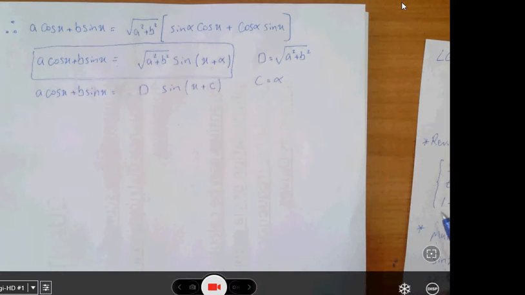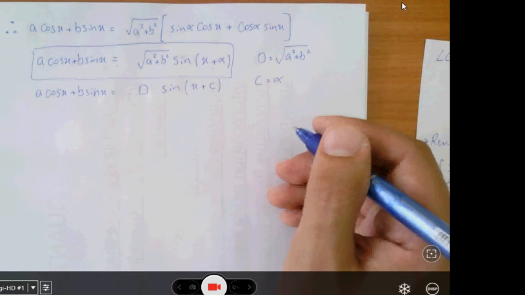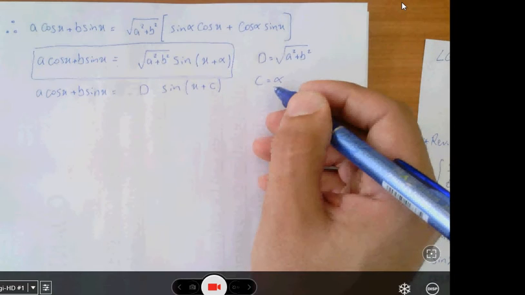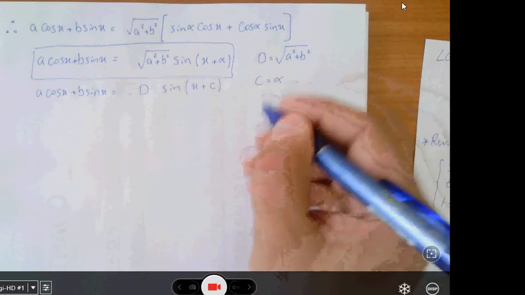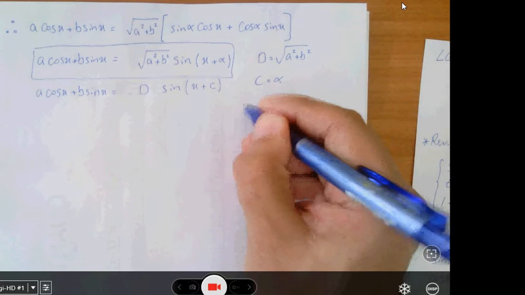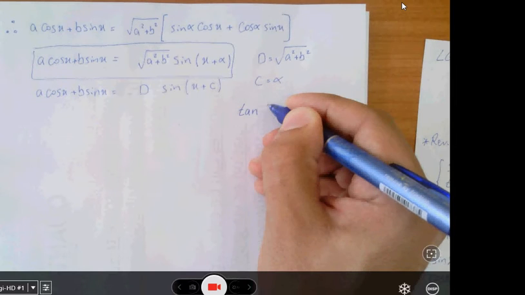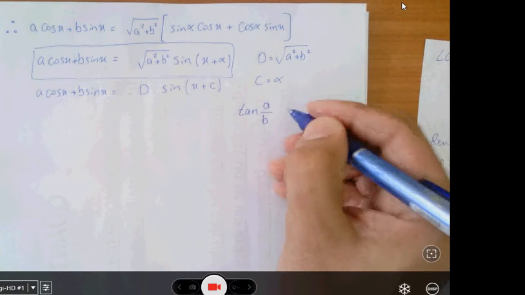But what is alpha? Because I need to find alpha, right? Well, we do know that we have relationships for alpha. We have sine, we have cosine, we have tangent, correct? If I wanted to find alpha, I know that tan of a over b, opposite over adjacent, equals that angle, doesn't it?